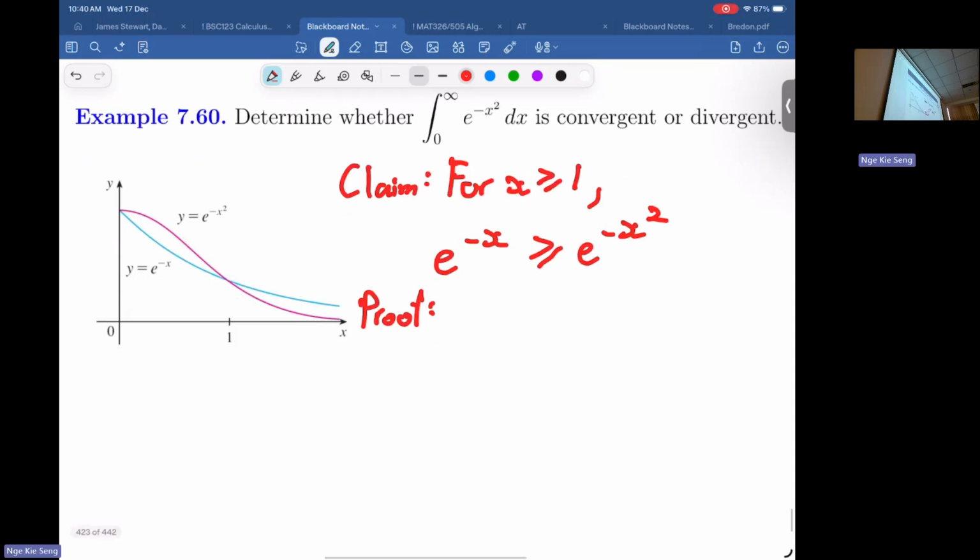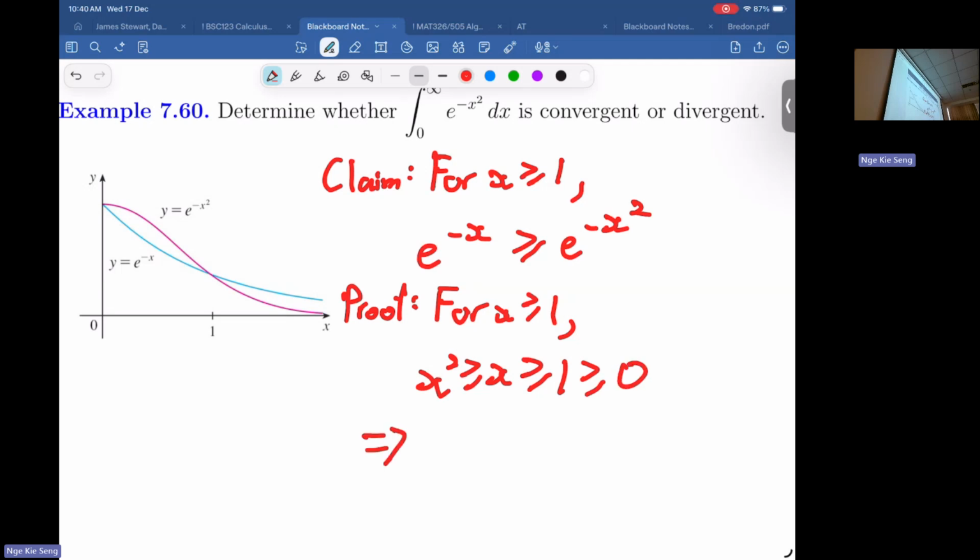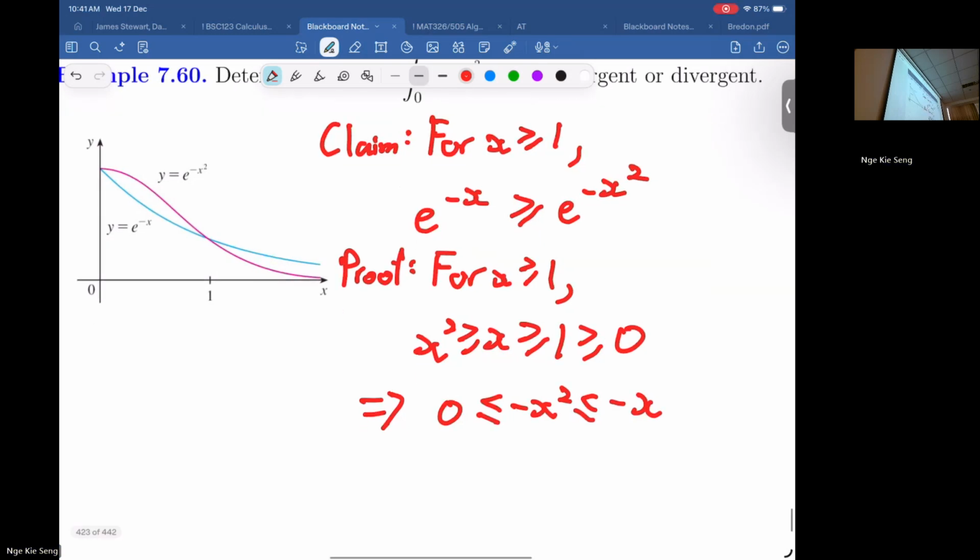Shall we work backward? Maybe not. So, proof: for x greater than or equal to 1, x squared is greater than or equal to x, which is greater than or equal to 1, which is greater than or equal to 0. This implies that if I put a minus on both sides, we get that 0 is greater than or equal to minus x, which is greater than or equal to minus x squared. So we swap the sign, right?